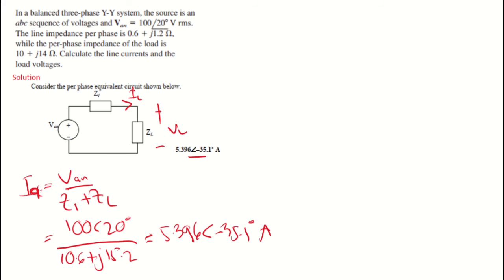So we also need to find IB and IC. We just use the answer that we get from IA. So this is 5.396 angular minus 35.1, so we just minus 120.